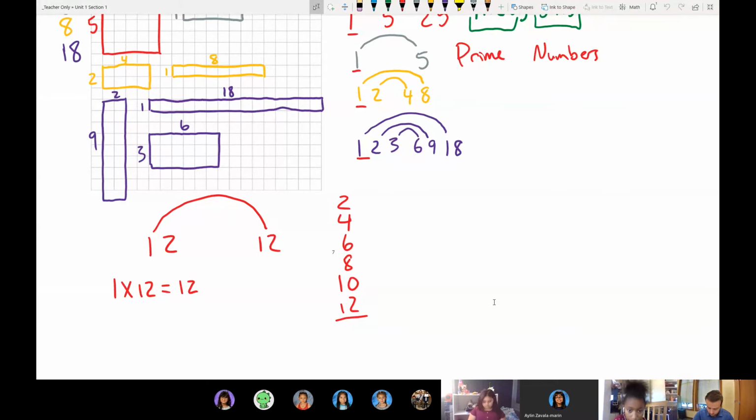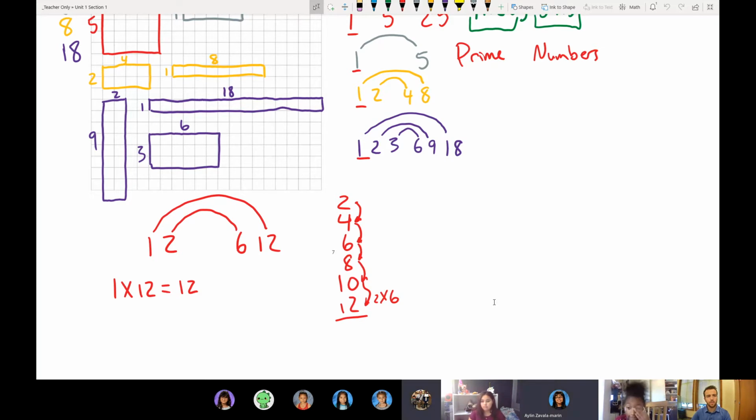How many times do we skip count? Well, here's the first one. Here's the second, third, fourth, fifth, sixth. So 2 times 6 will give us 12. So there's another factor pair. You guys see how I did that? Does that make sense?